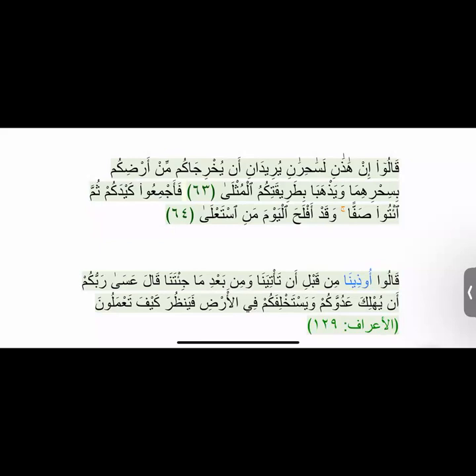Okay, now when you see a lam following in, remember the three types of in that I have covered with you? There were three kinds of in that I have taught you. And there were three types of lam that we went over. One was lamul ibtida, lamul muzahlaka, and then I taught you about lamul farika.